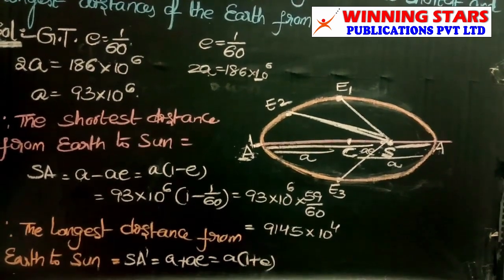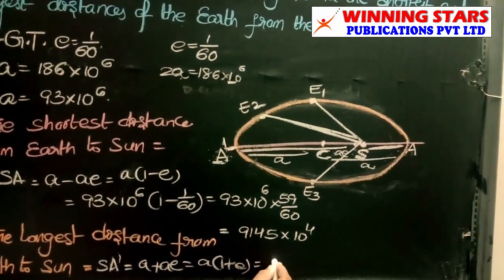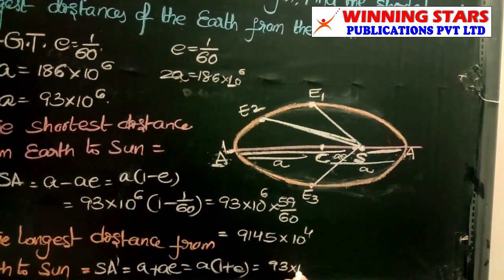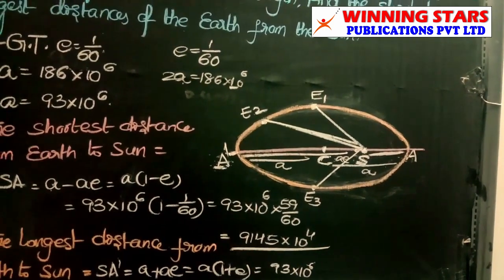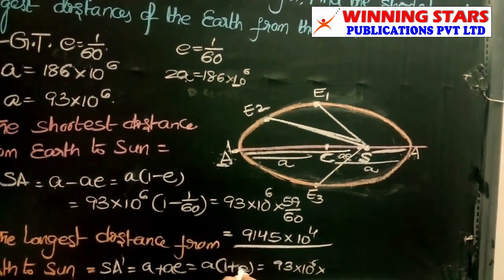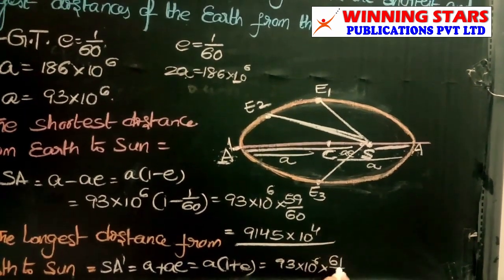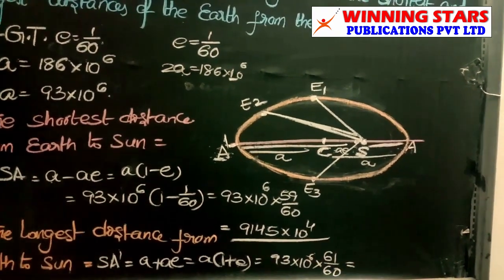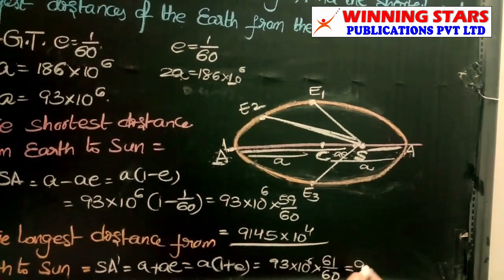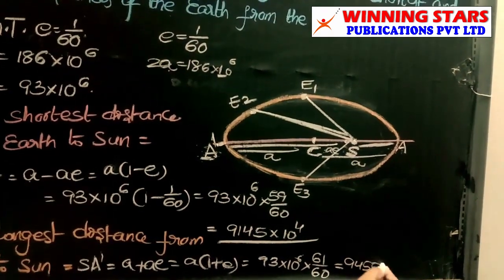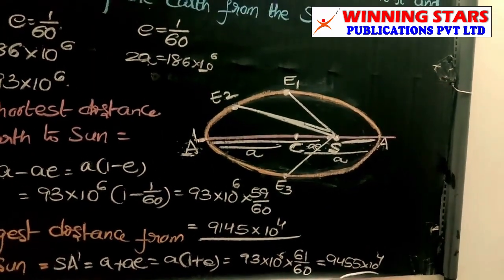Taking a common, we get a into 1 plus e, that is, a value 93 into 10 power 6 into 1 plus 1 by 60, which is 61 by 60. After simplification, we will get the answer as 9455 into 10 power 4. That's the answer.